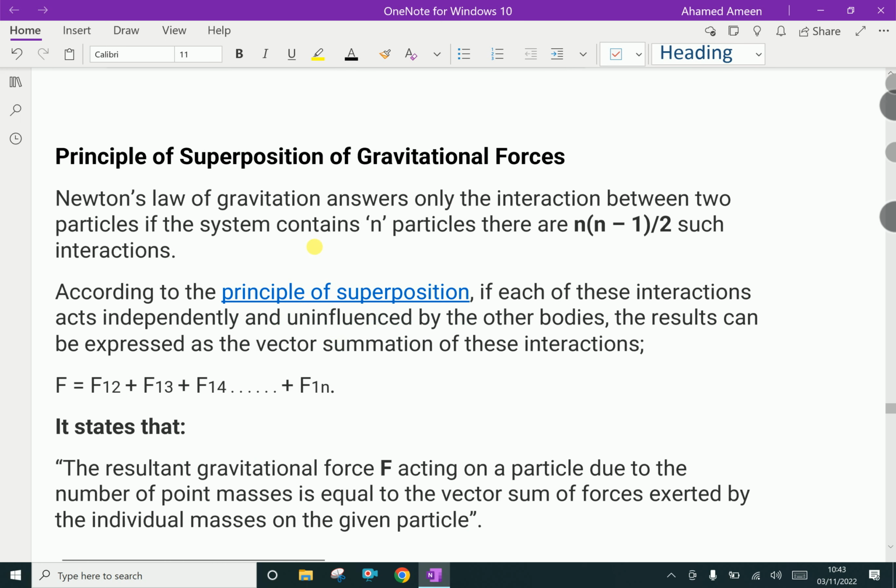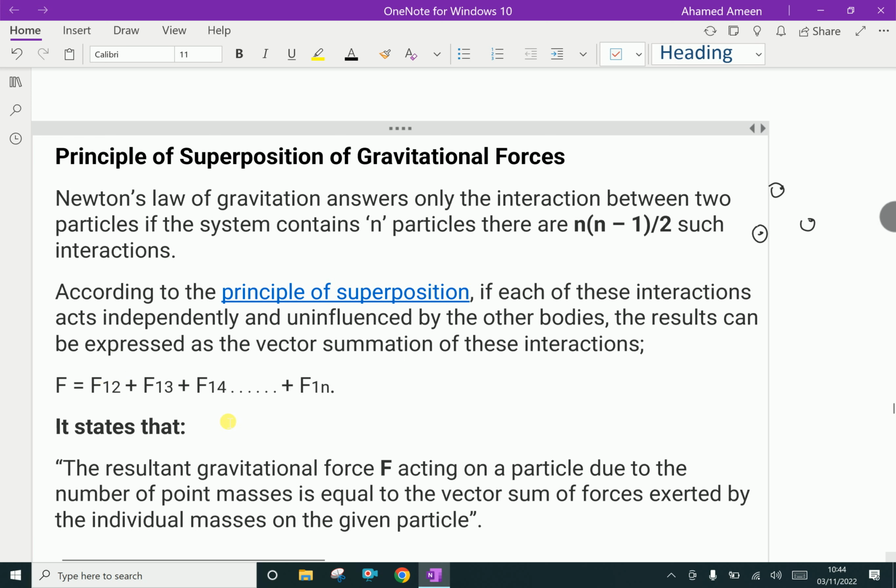Principle of superposition of gravitational forces. Newton's law of gravitation answers only the interaction between two particles. If the system contains n particles, there are n into n minus 1 by 2 such interactions. Here suppose, look at three masses. Three masses are here.